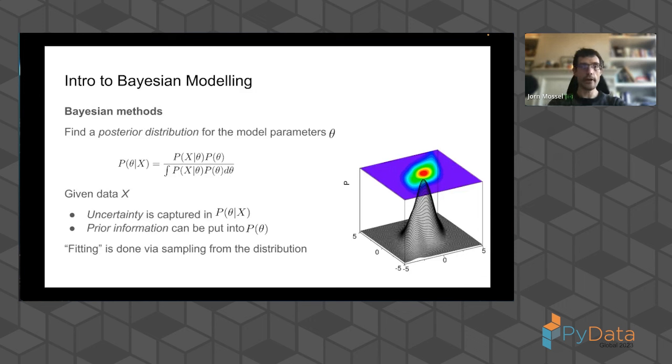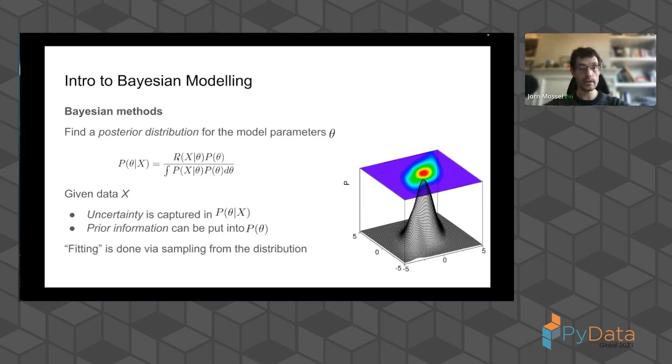So let's then look at the Bayesian framework. A super quick intro. The Bayesian framework, as the name suggests, focuses on Bayes' rule, which we have here in the middle of the screen. What we are interested in is, on the left, the so-called posterior distribution of model parameters theta, the model parameters we're after, given some data x.